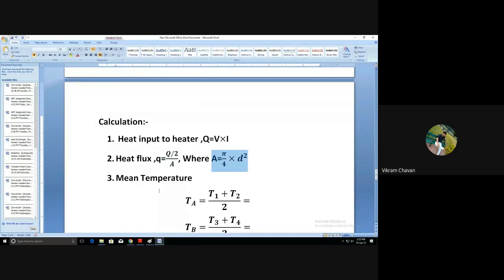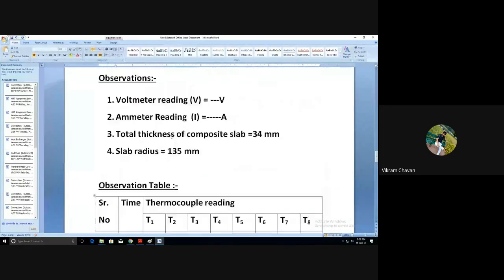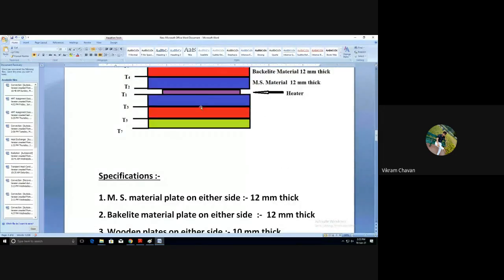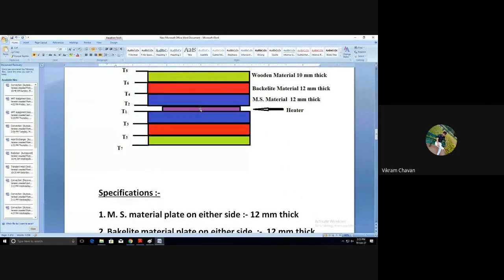Okay, in conduction we are considering the perpendicular surface area for the direction of flow of heat. So if you consider this particular diagram, the direction of flow of heat is vertical, in the downward direction. Which area is perpendicular to this direction?